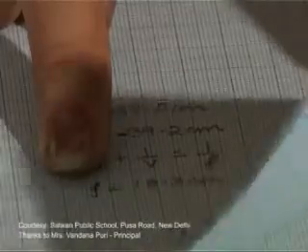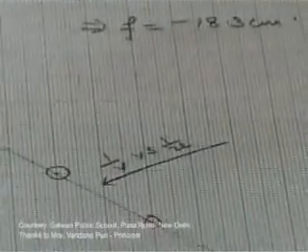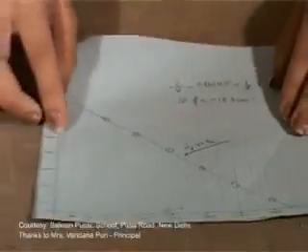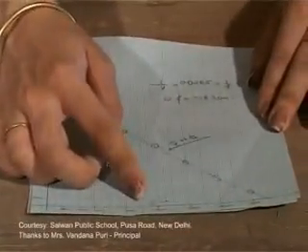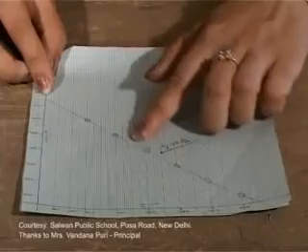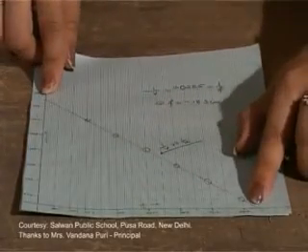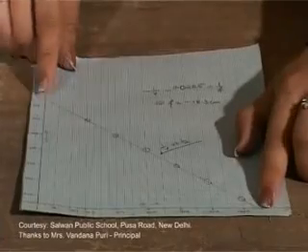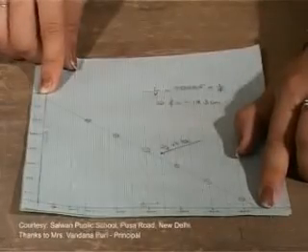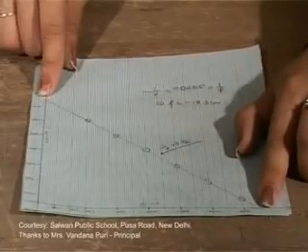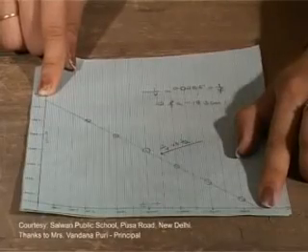Similarly, the next graph, which shows you a plot of 1 by v versus 1 by u, comes out to be a straight line. Now obviously the straight line would be intercepting the x and the y axis at some points. Either of these points can give me the value of focal length.